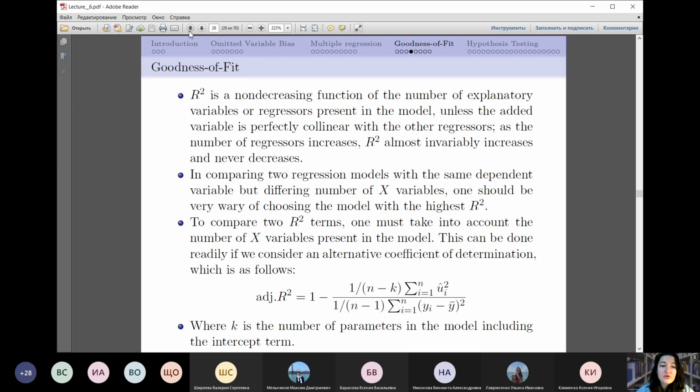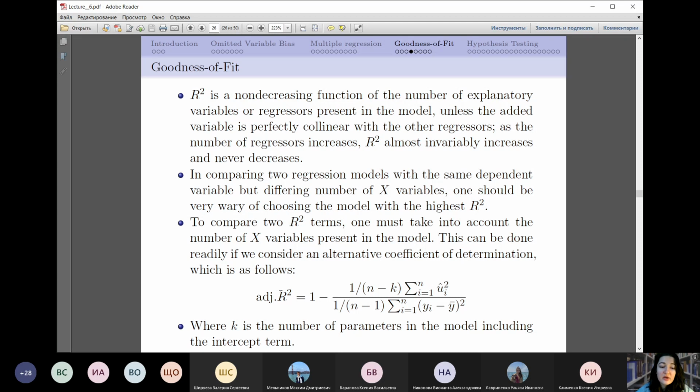So this is the problem. Because of this, we need to use not the plain R squared indicator, but instead you can use adjusted R squared. So you need to adjust R squared by some degrees of freedom.